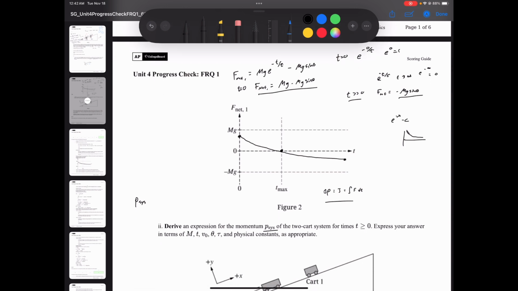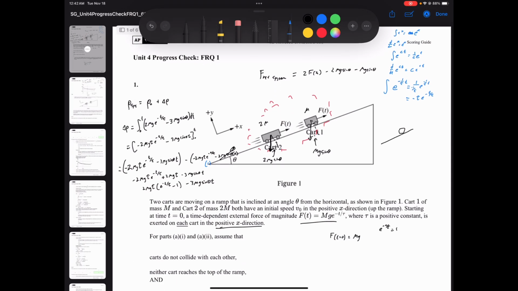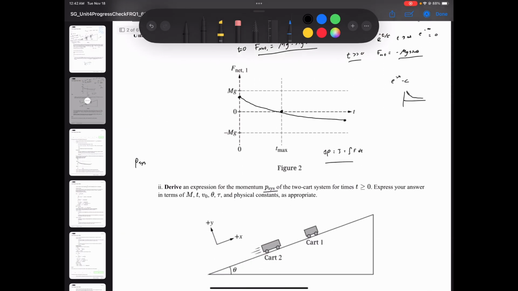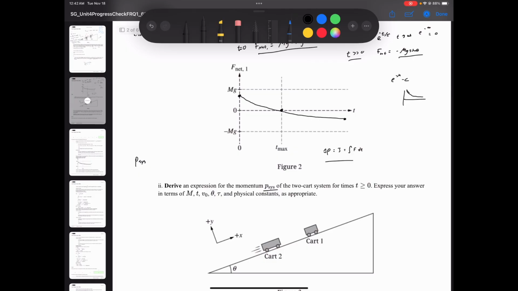And notice that I make it closer to 0 than negative mg, just because that sine theta term is going to be fairly small. But you could put it anywhere in between 0 and negative mg. Now, in terms of the shape of the curve, that's also important to get full credit for this problem.